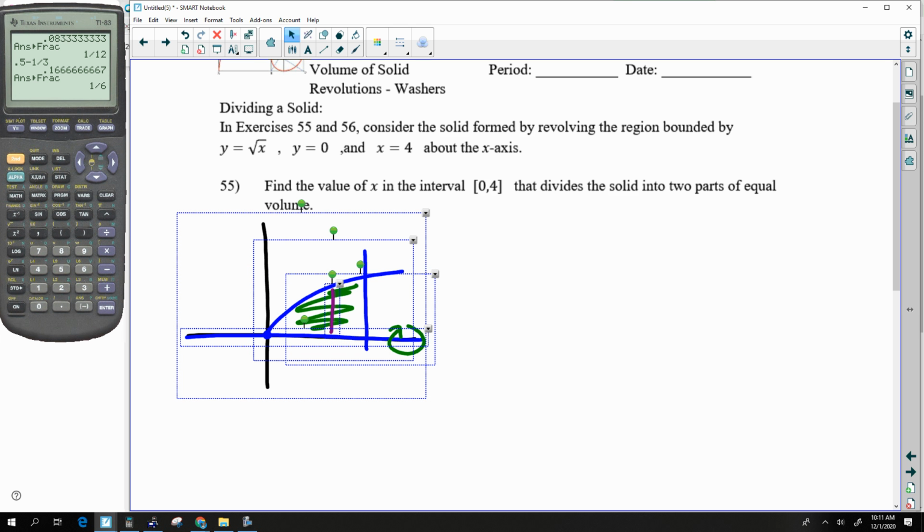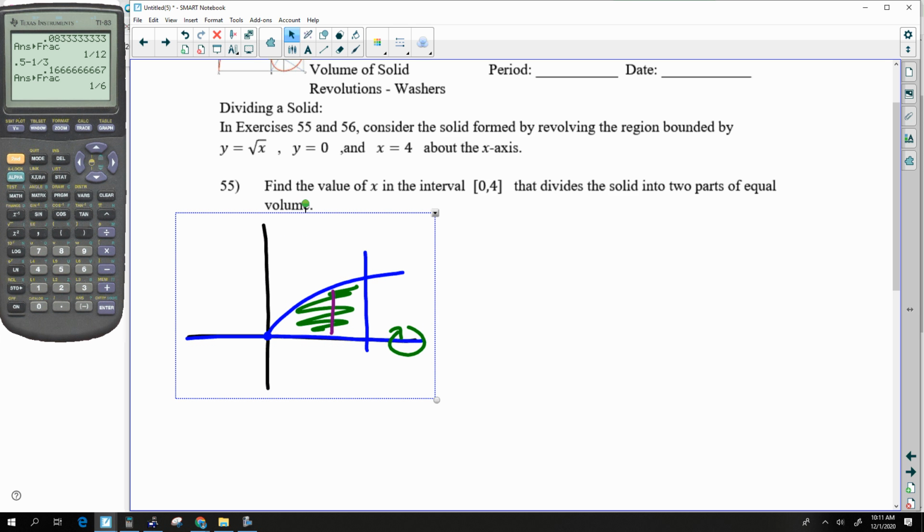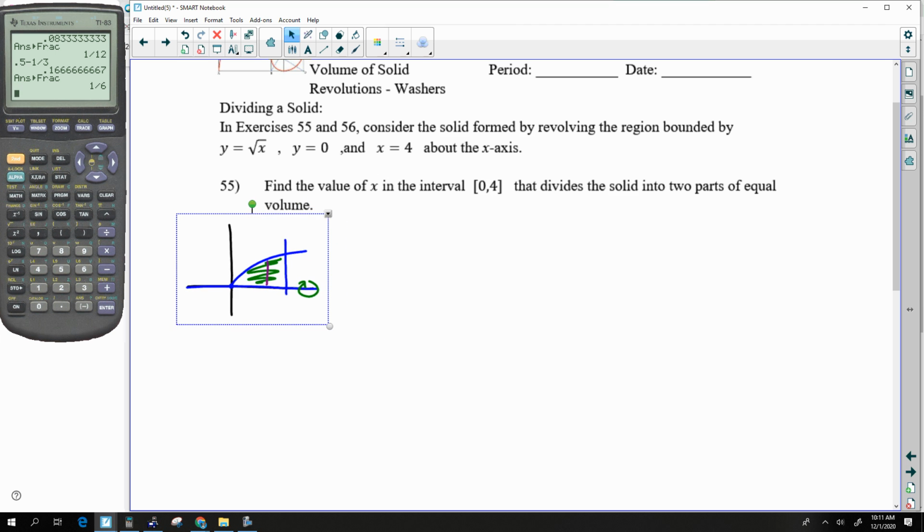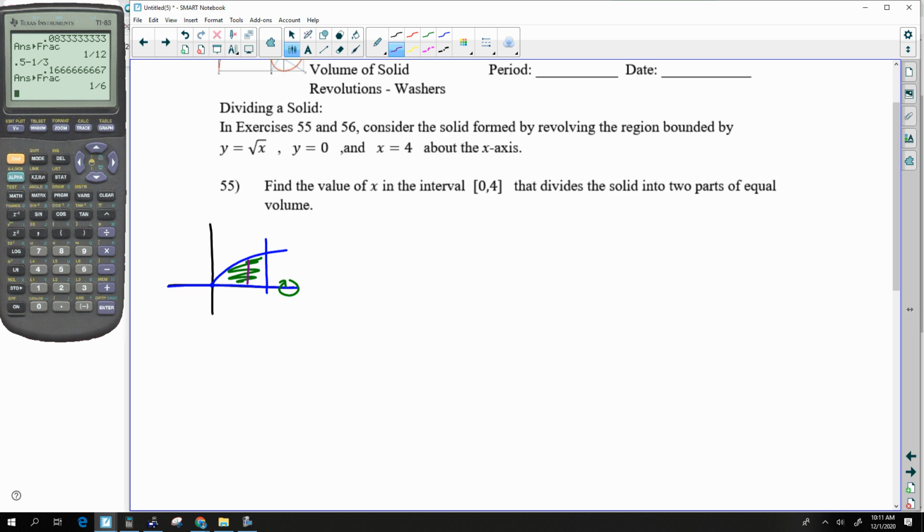So what we do is we first begin by finding the grand volume of this entire thing. The grand volume is going to be pi integral from 0 to 4 of this region, which is the square root of x, squared, dx.